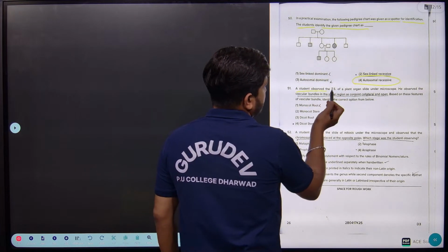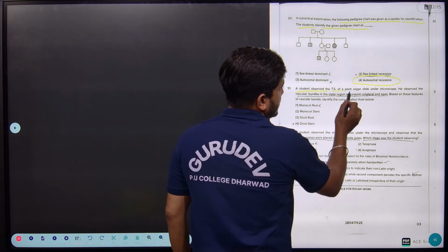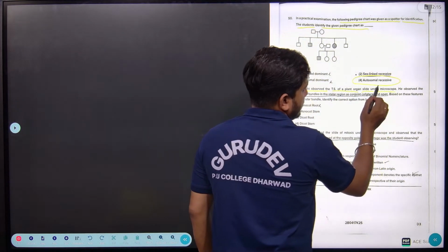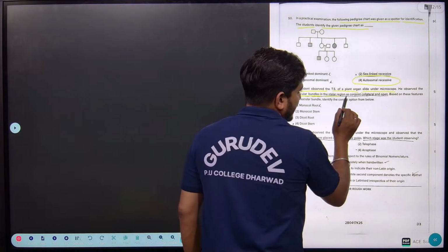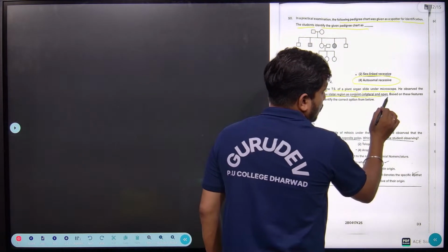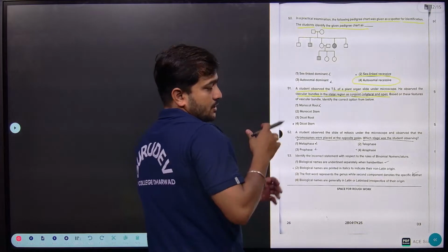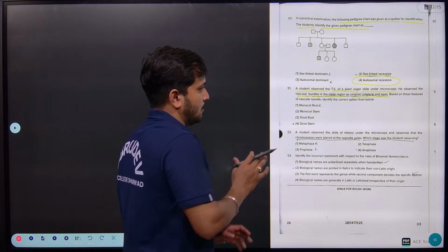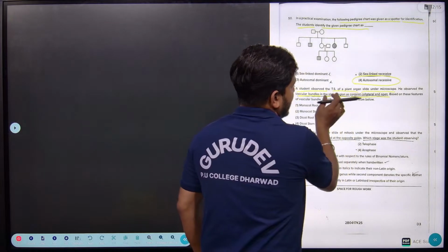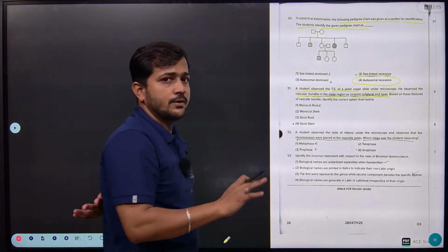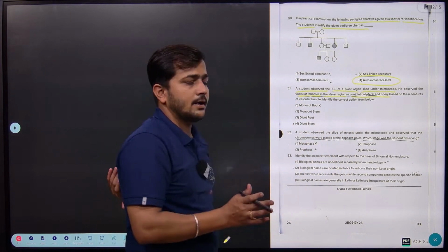A student observed the TS of a plant organ slide under the microscope. He observed vascular bundles in the stellar region as conjoint, collateral and open, right? So with respect to the experiment, what they have observed is vascular bundles in the stellar region, where stellar means the arrangement of vascular bundles with respect to the endodermis, right?